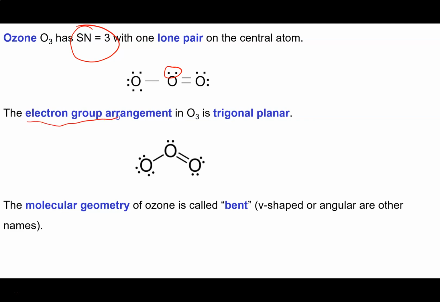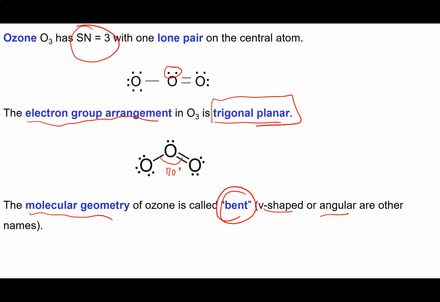Because it's got 3 electron groups, the electron group arrangement is trigonal planar, and the ideal angle for trigonal planar is 120 degrees. The molecular geometry for ozone has a different name from the electron group arrangement and is called bent. Sometimes it's also called V-shaped or angular. So the molecular geometry is different from the electron group geometry.